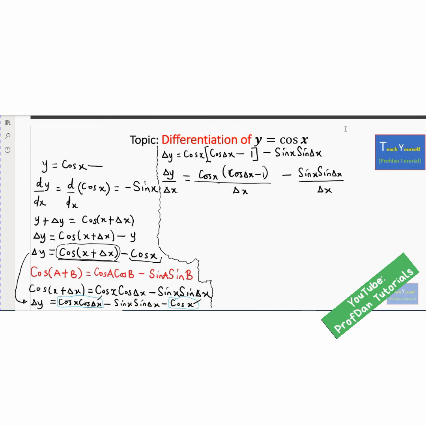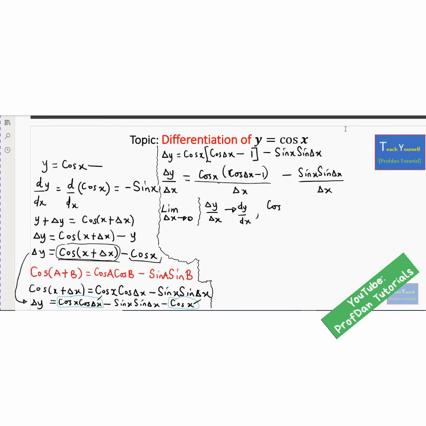Remember, the last thing to do in this procedure of first principle is to take the limit as delta x tends to 0. If you recall from our previous video, delta y over delta x will become dy dx.